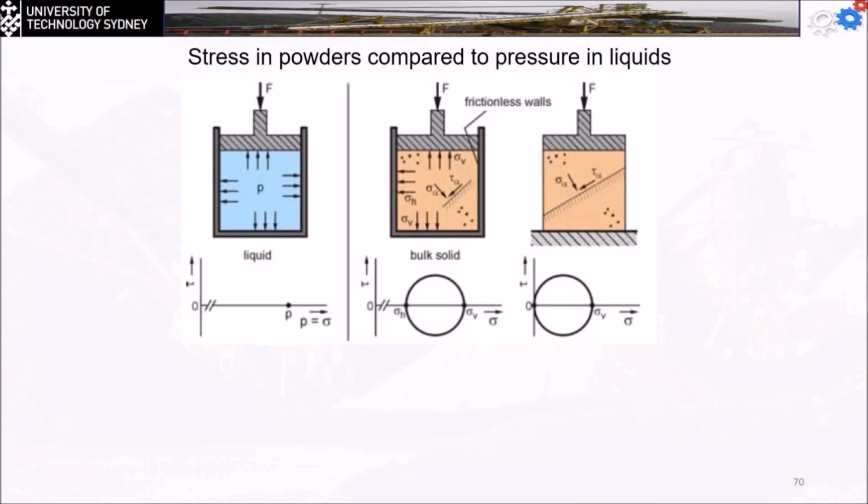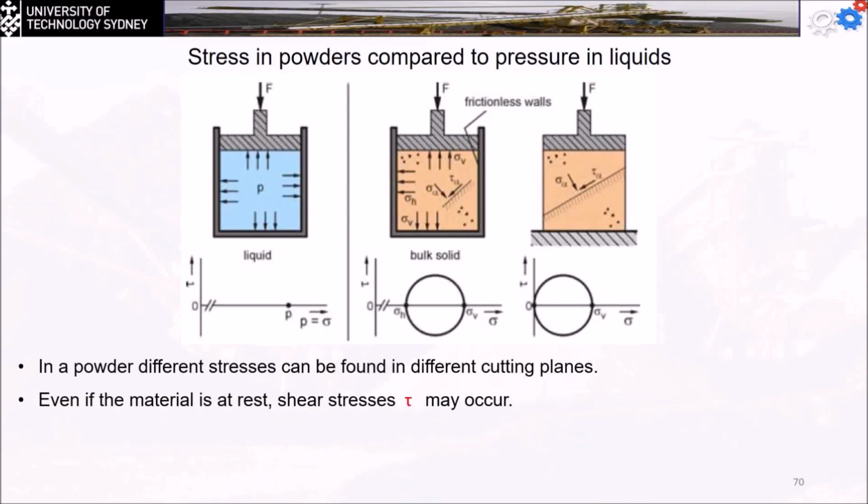So the pairs of values of the normal and the shear stress acting in different planes are given by the Mohr stress circle in a normal stress, shear stress diagram. And for the liquid, the pressure P is going to be in all directions, and the radius of the circle is going to be equal to 0 because the distribution in the incompressible fluid is different from the solids.